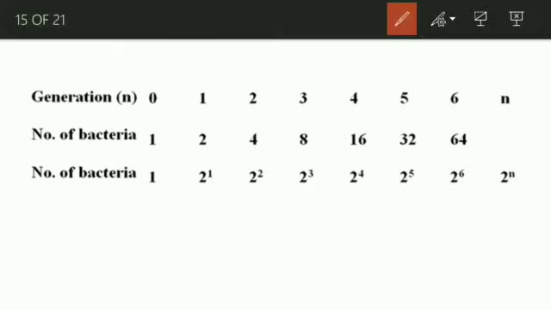Just think there is only one bacterium present in it. And then what happened? The bacteria becomes 2. That means the size of the population is increasing. And later again the size of the population is increasing. And this is what? Generation.